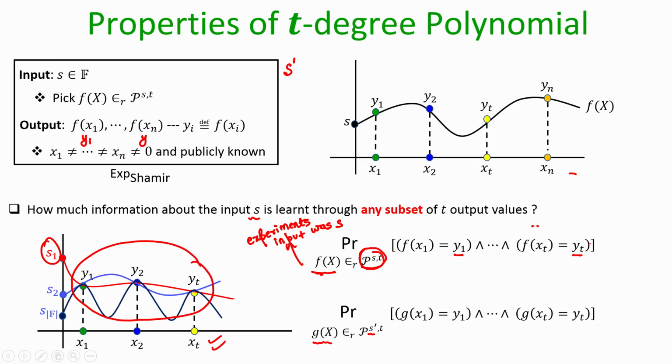That means that randomly chosen polynomial evaluated at x1, x2, up to xt gives you the values y1 to yt.